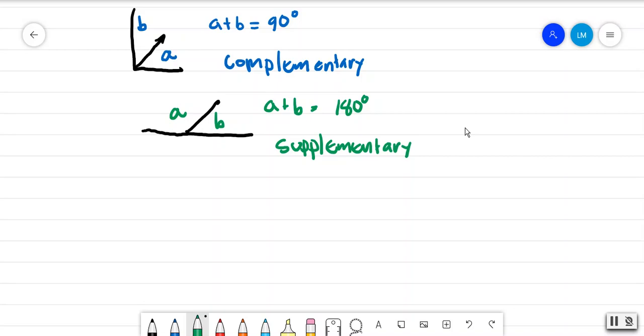Now, let's say that we have an angle measure like so, and let's say that we have something like this.